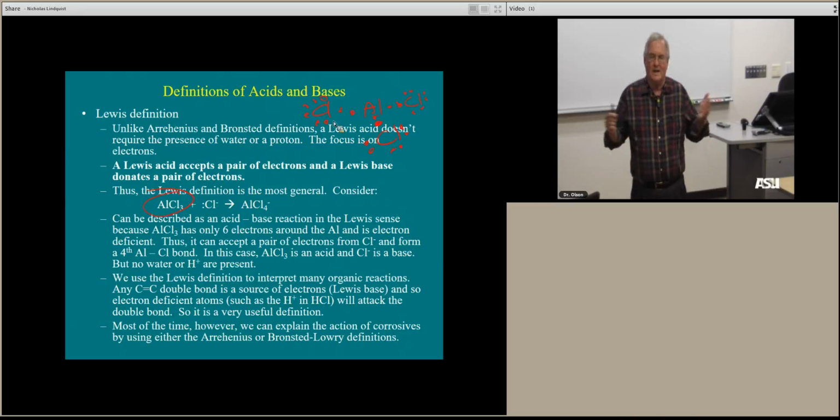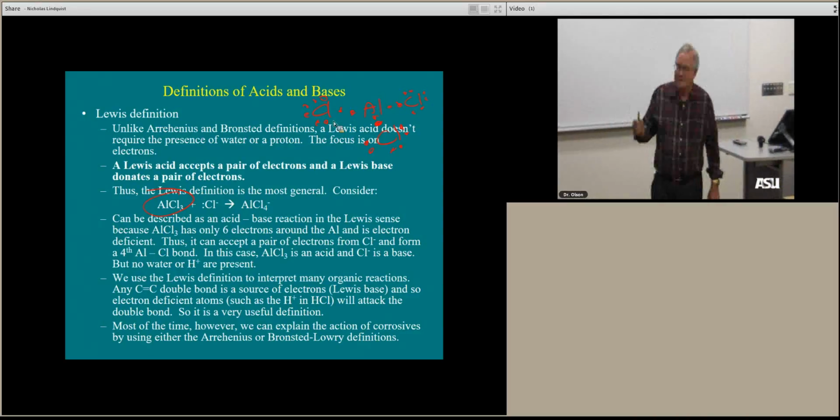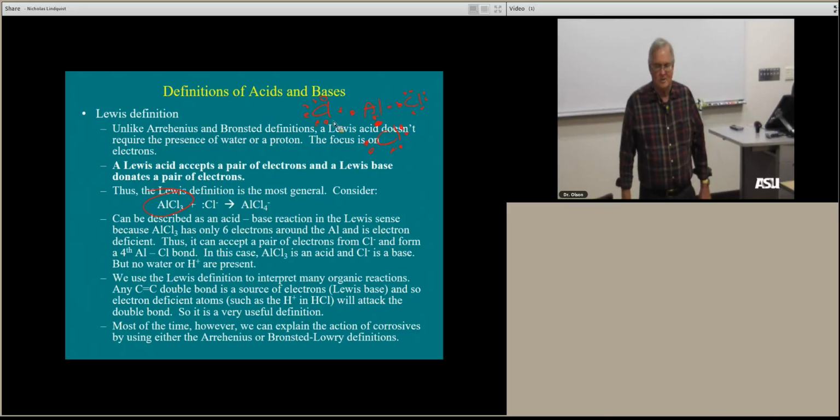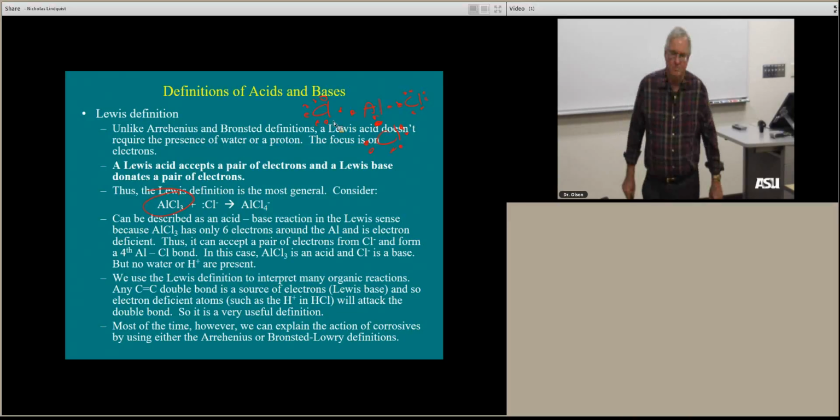You can apply the Lewis definition under virtually any circumstances. And it turns out that the Lewis definition is very useful in organic chemistry, because there's a lot of times in organic chemistry where we're following what happens to electrons, and it's not necessarily a proton that's being moved around, it's the electrons that are being moved around.